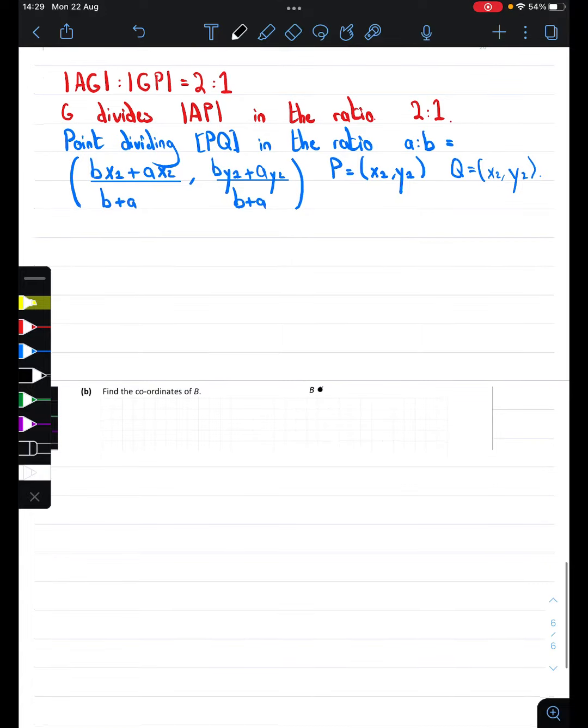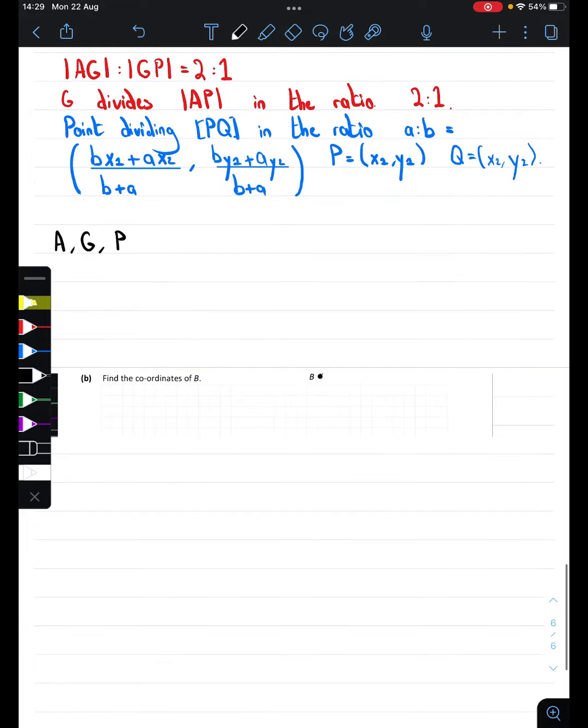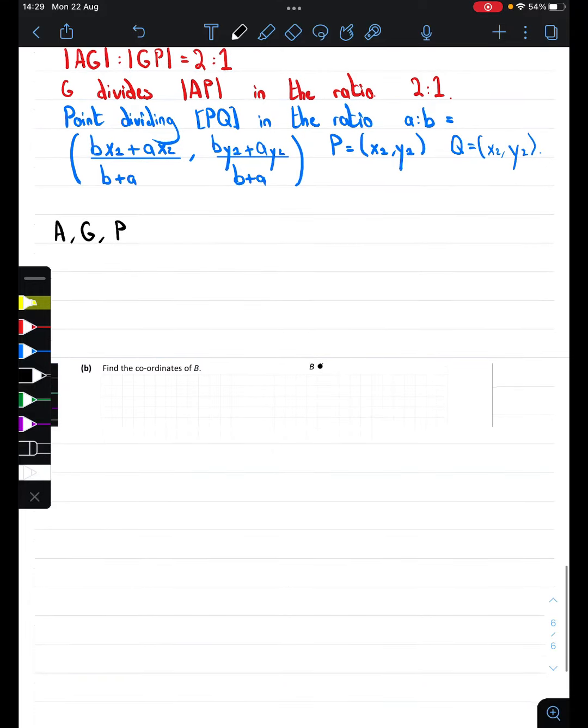So let's say we take our 3 points, A, G, and P. Then G divides AP in the ratio 2 to 1. So A equals (0, 6).